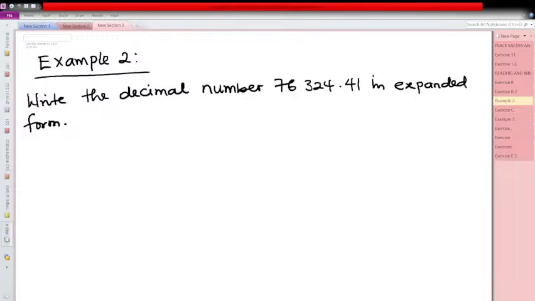In expanded form, what I want you to do is you have to write this as 70,000 plus 6,000 plus 300 plus 20 plus 4 plus 4 over 10 plus 1 over 100. So that is what they're asking you to do in this exercise.